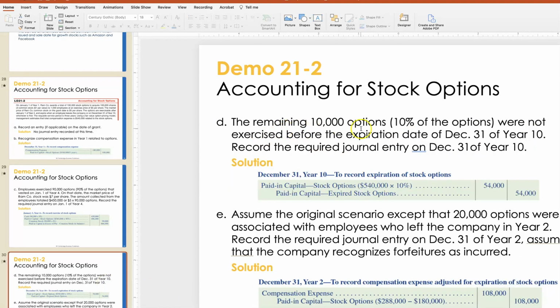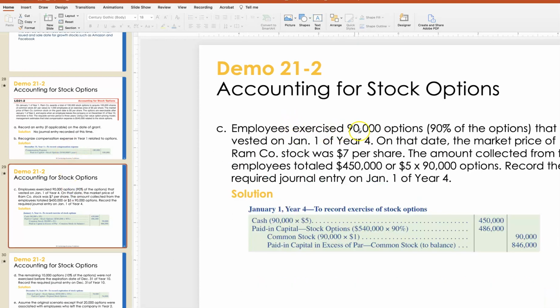The remaining 10,000, oops, I skipped a step. Employees exercised 90,000 of the options, so 90% of folks said, oh, I want to buy that, right? And on that date, the shares were trading at $7 per share. So think about what these employees are doing. They're giving up $5 and they're getting back a share that's worth $7.